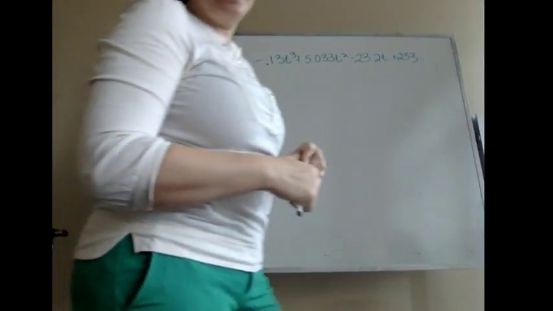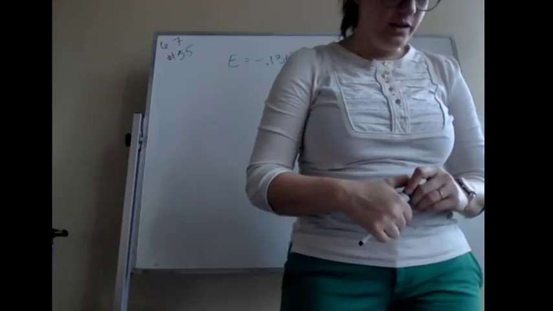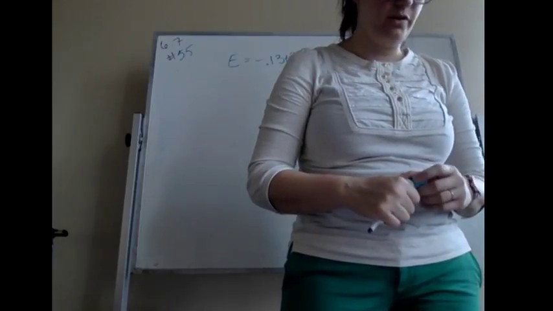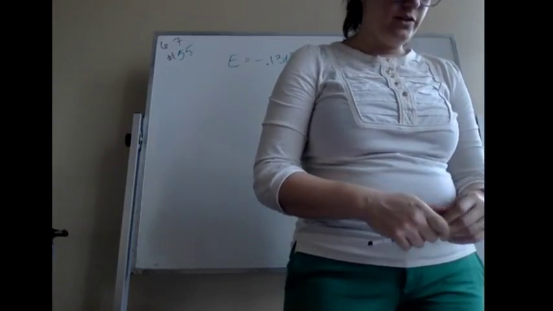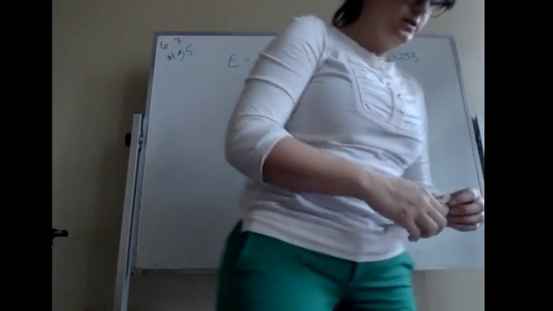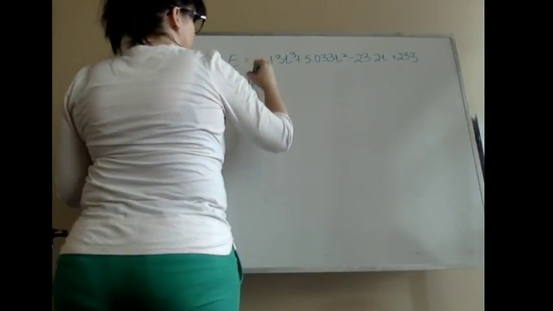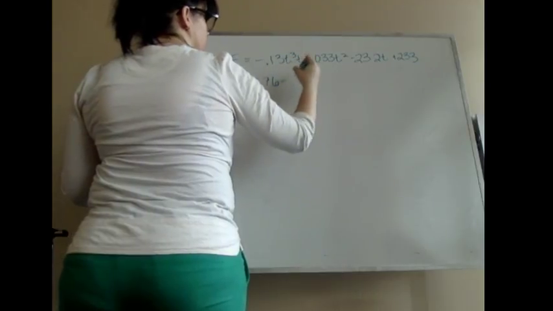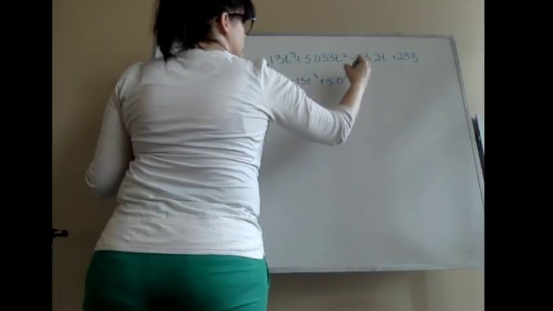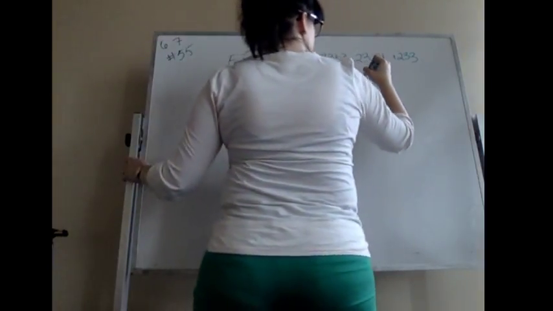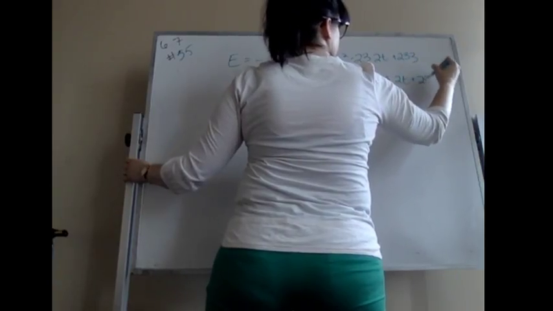Okay, so where T is the number of years since 1980, in what year were the total exports about 312.76 billion? Okay, so that's E, total exports. So 312.76 equals negative 0.13 T cubed plus 5.033 T squared minus 23.2 T plus 233.